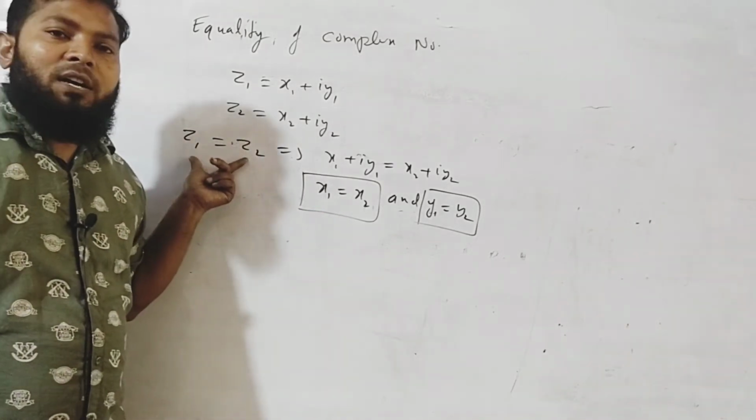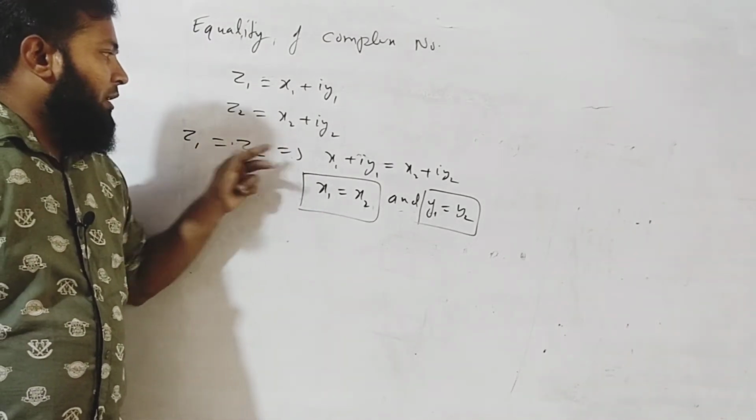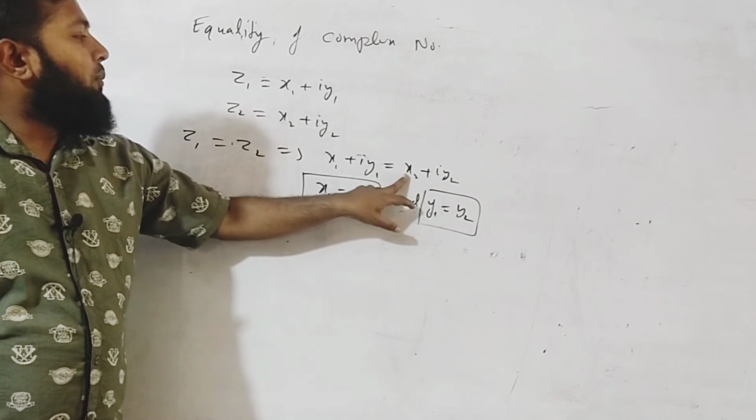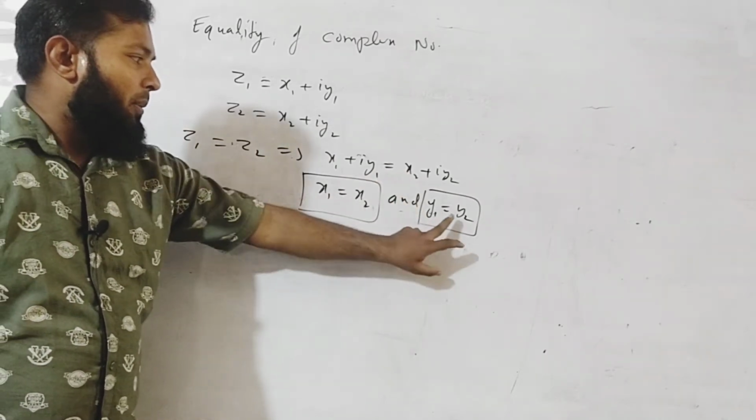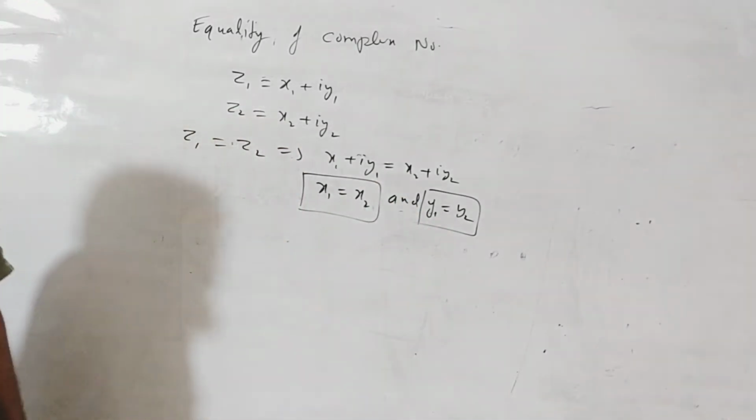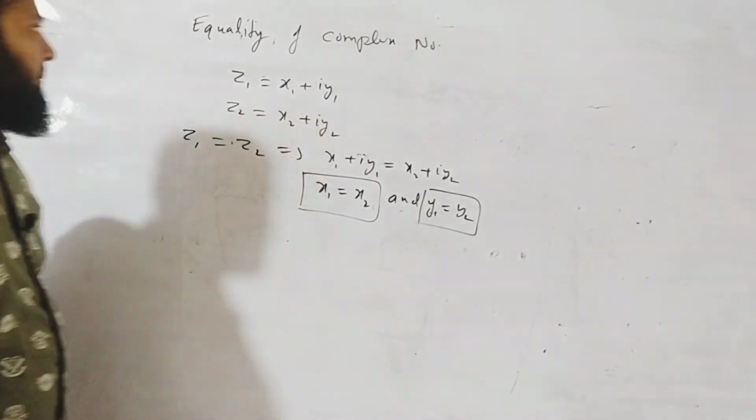If two complex numbers are equal, then the real parts of both complex numbers are equal and the imaginary parts are also equal.